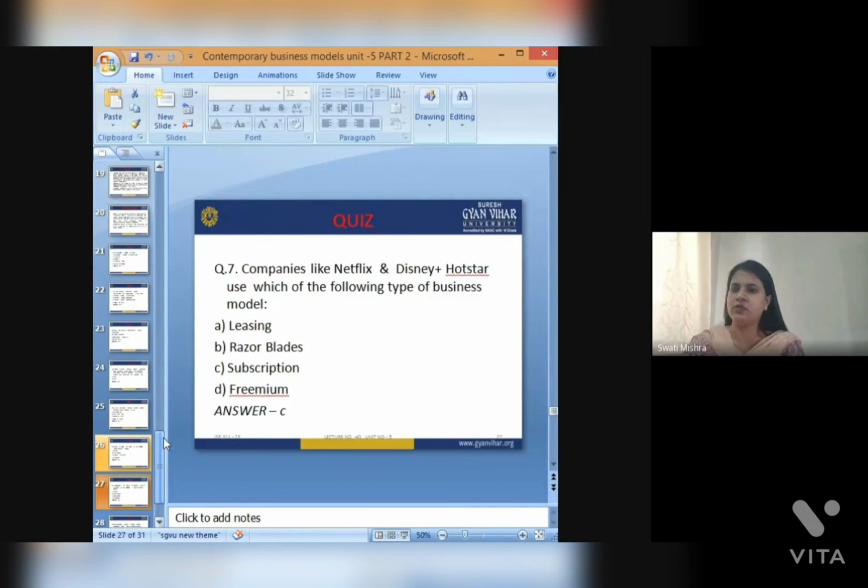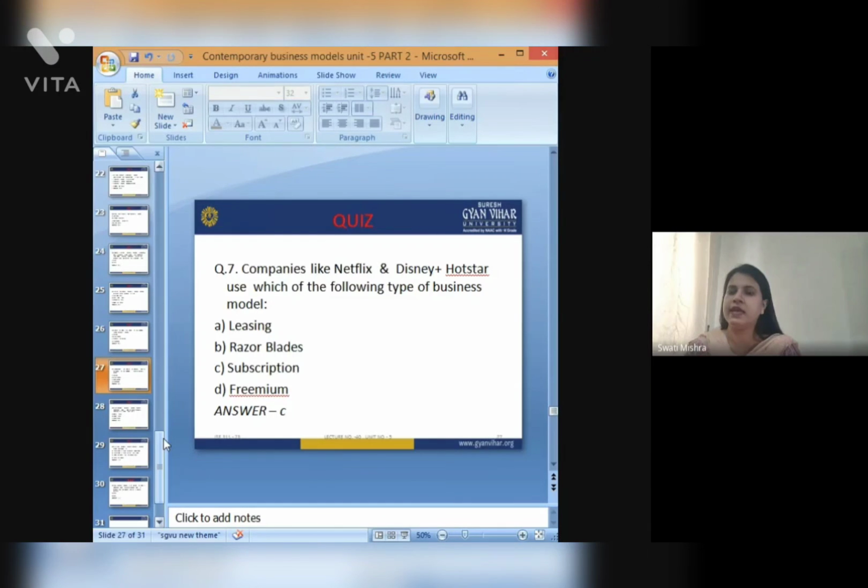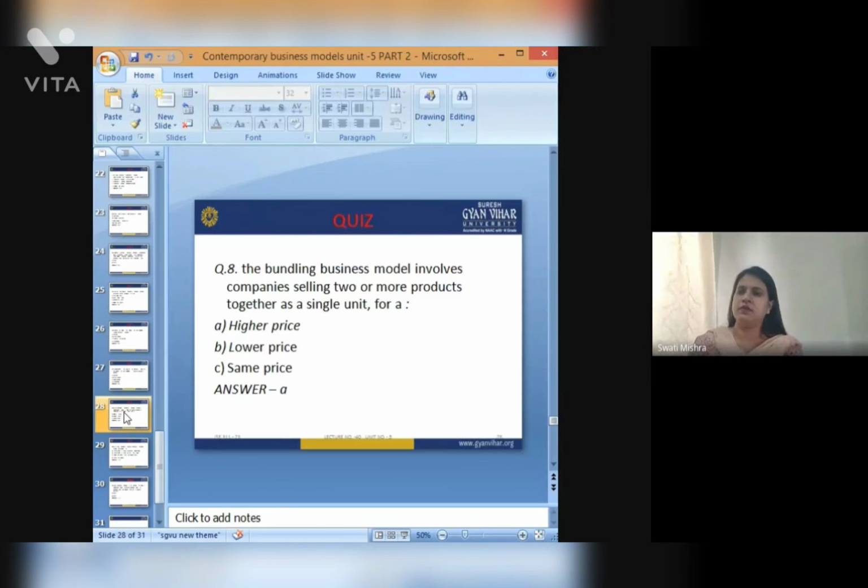Here is the 7th question. Companies like Netflix and Disney Plus Hotstar use which of the following types of business models? A. Leasing, B. Razor blade, C. Subscription, D. Freemium. Yes, the answer is C. Subscription. Here is the 8th question for you all, and the question goes like this.